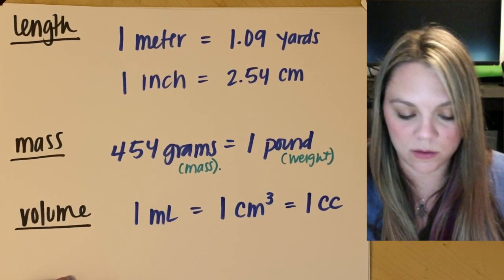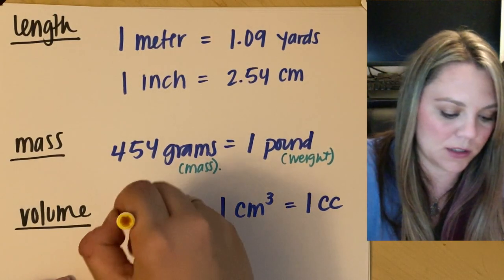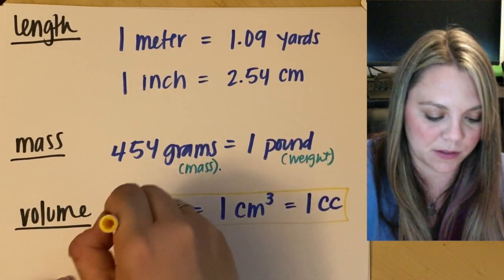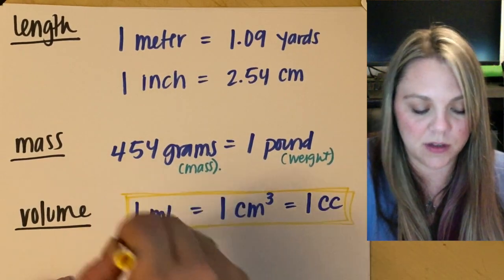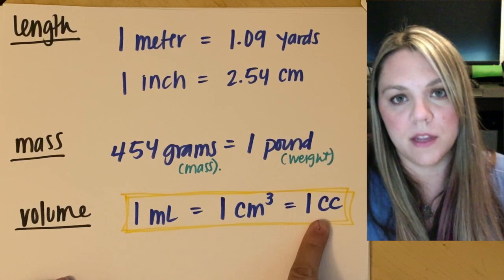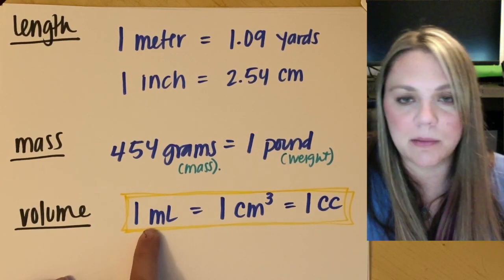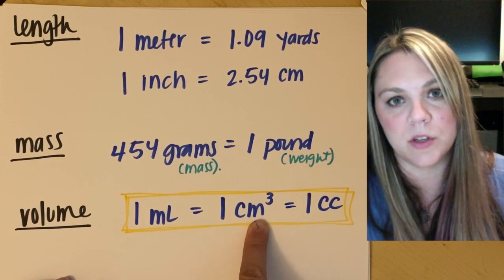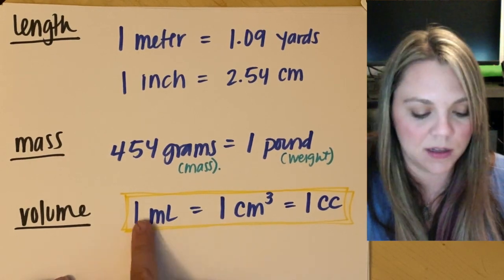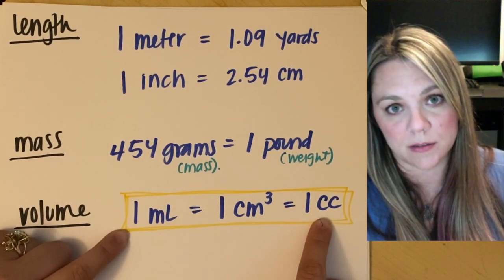So if you are taking Chem 2A because you are going into the medical field in your future, this you will need to know. A cc of something is a milliliter of something, is a centimeter cubed of something. Guarantee there will be a question like this.